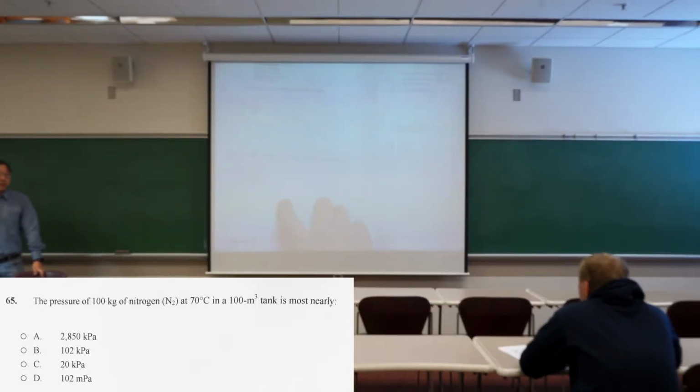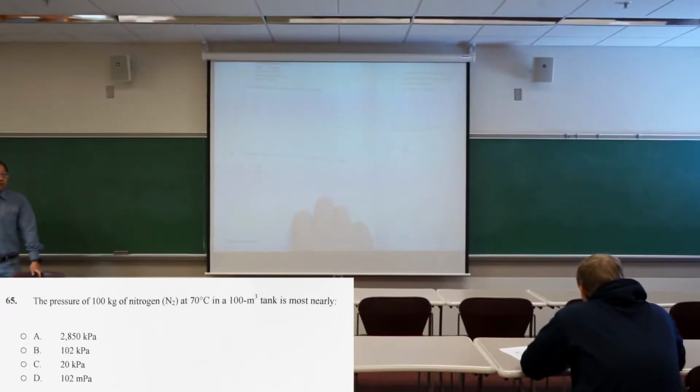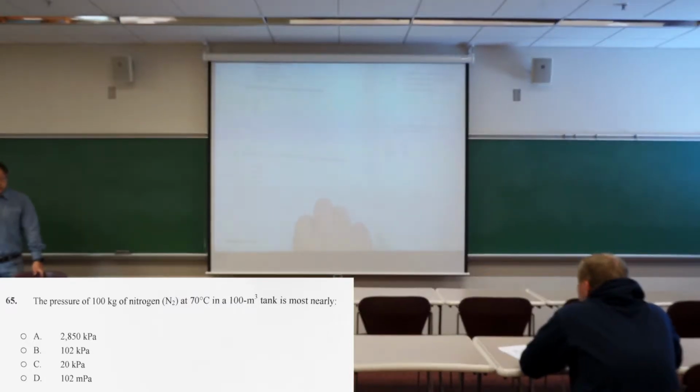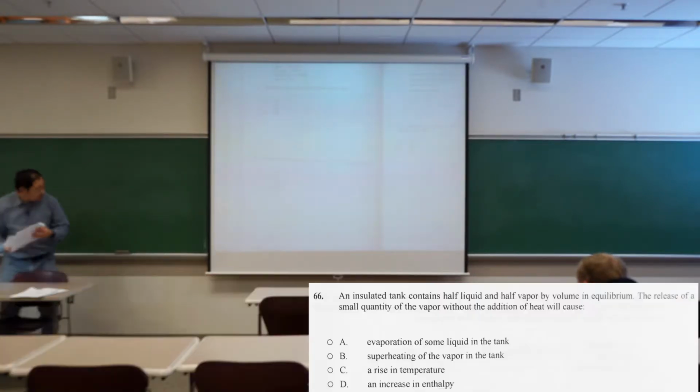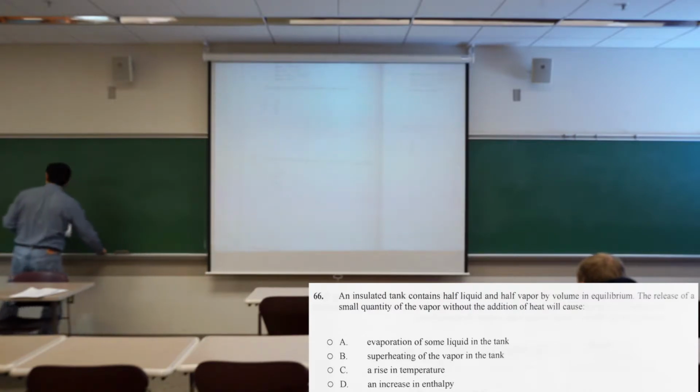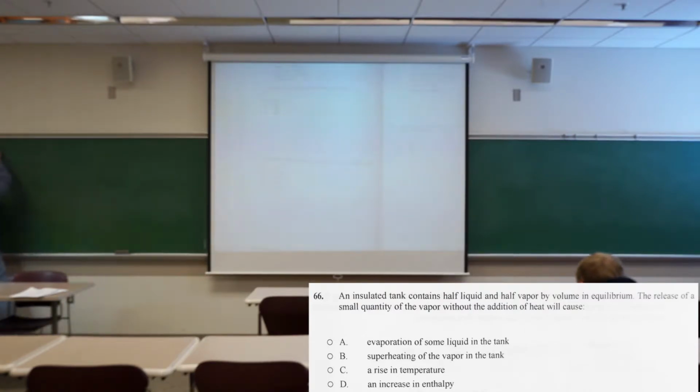Because it's nitrogen and the temperature is above room temperature, so obviously it's the ideal gas equation. So for the ideal gas equation, you need to realize we have PV equal to MRT, right? Ideal gas equation, and you need to find P.